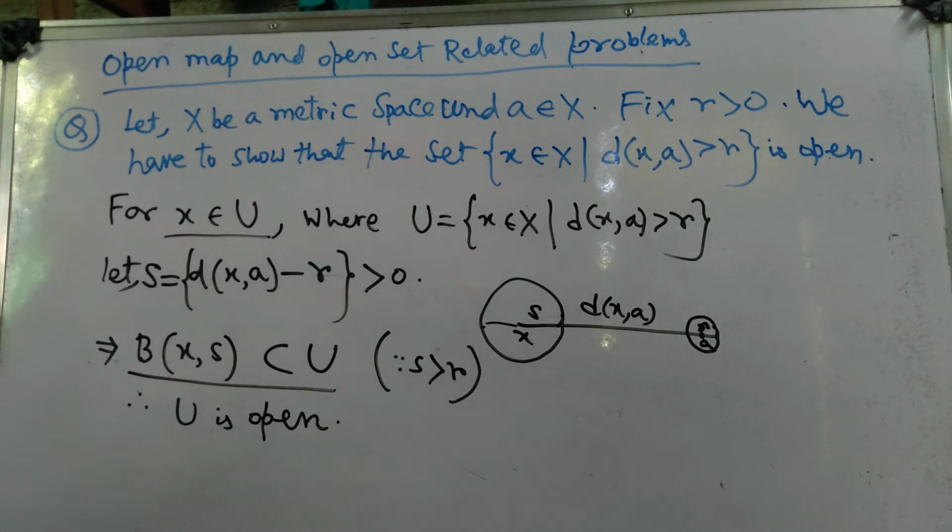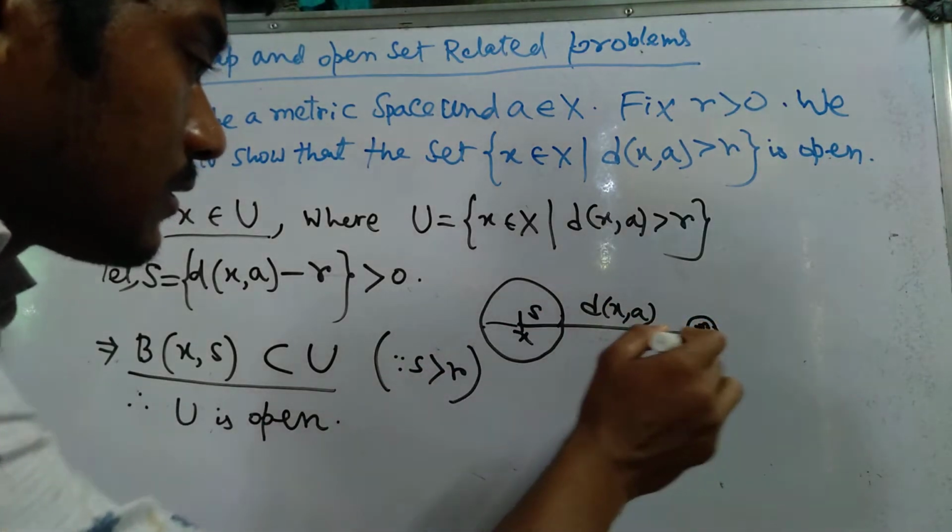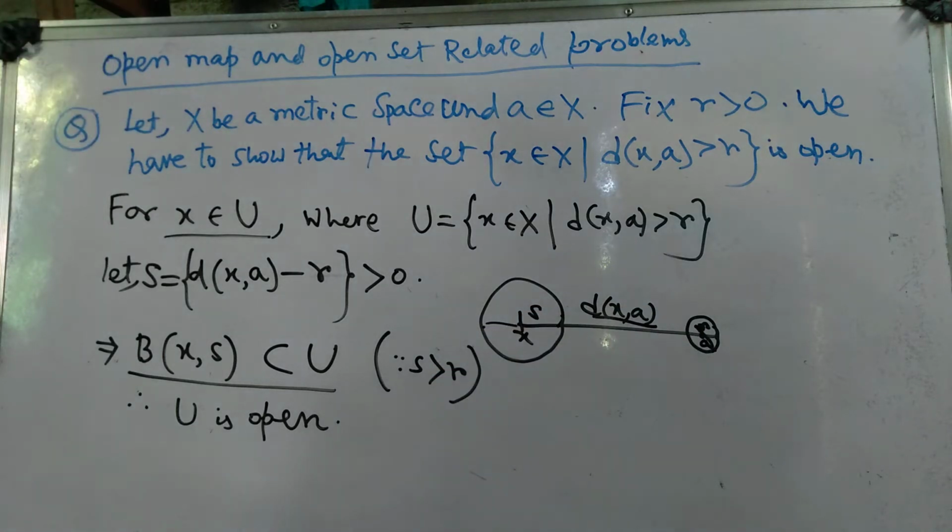Understand or not? Just see this figure. A contains a ball of radius r and x contains a ball of radius s. Totally from this to this is d(x,a), which is obviously greater than r.